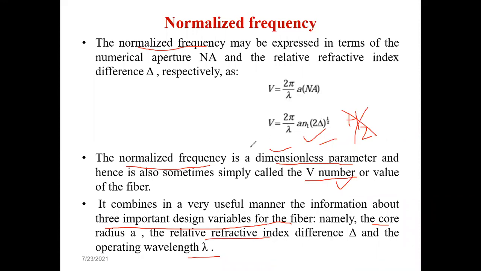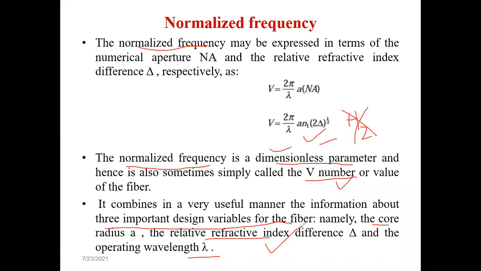Now see, when the relative refractive index difference is given, by default n1 and n2 come in. Many times in my options I put core refractive index or cladding refractive index, so students argue, ma'am, the core refractive index is important from the viewpoint of design. Yes, it is important.